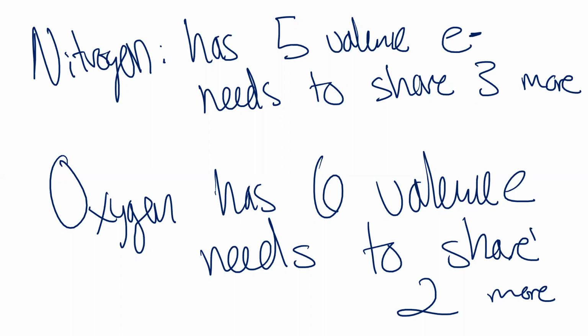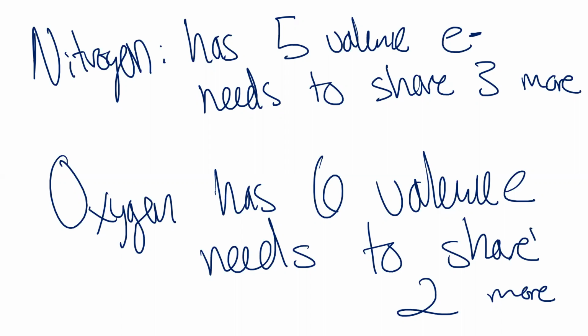Now, if we're going to apply the octet rule, silicon will do the same thing that carbon does. It just needs 4 more electrons shared in some fashion because it already has 4 valence electrons. Phosphorus, theoretically, following the octet rule, will have 5 valence electrons. That is 100% accurate. It will always have 5 valence electrons.